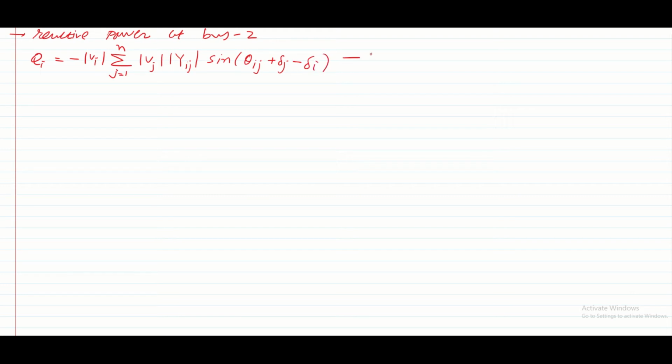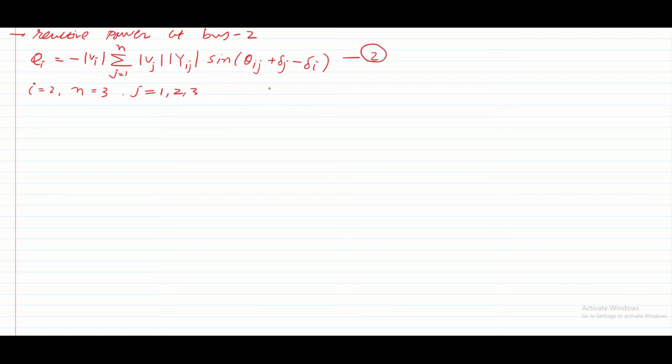So using this equation number 2, we will calculate the reactive power at each bus, or in our case at bus number 2. Just consider I equal to 2, n equal to 3, and using this we get J equal to 1, 2 and 3 in equation number 2.